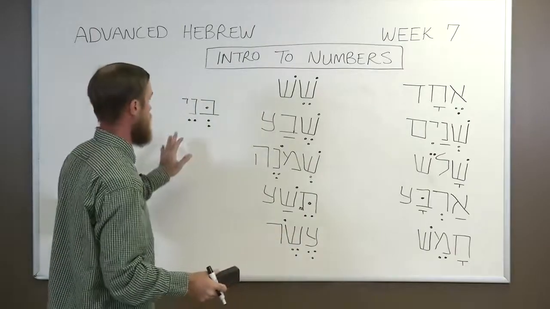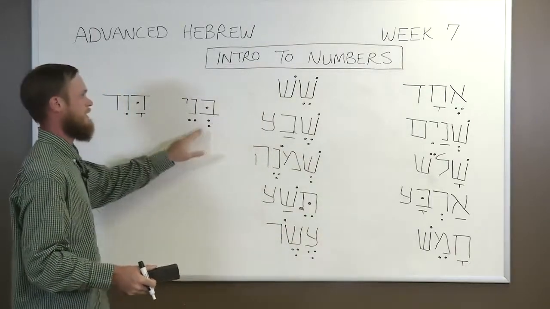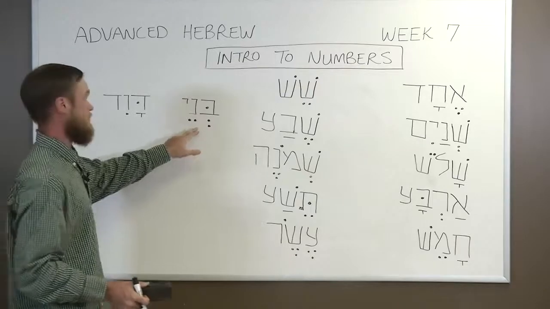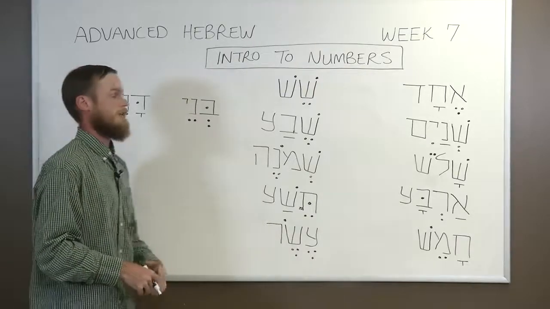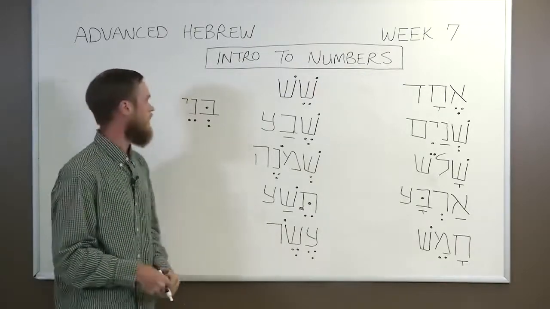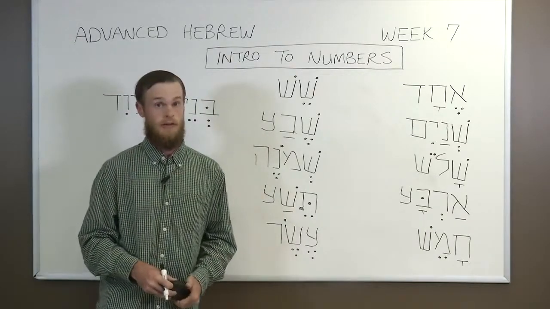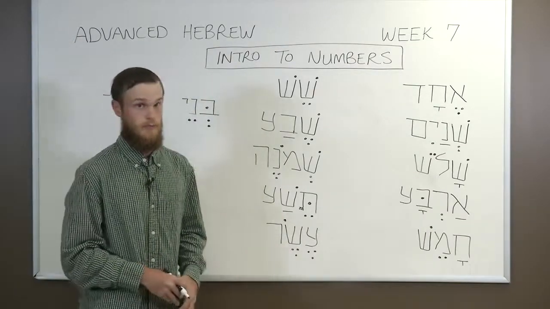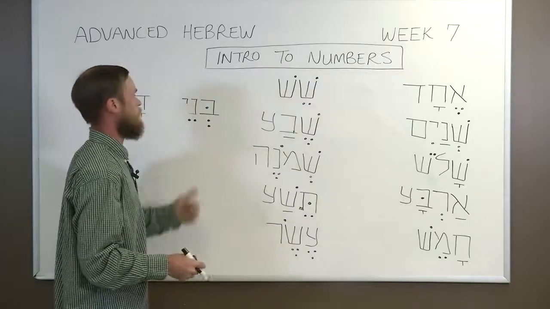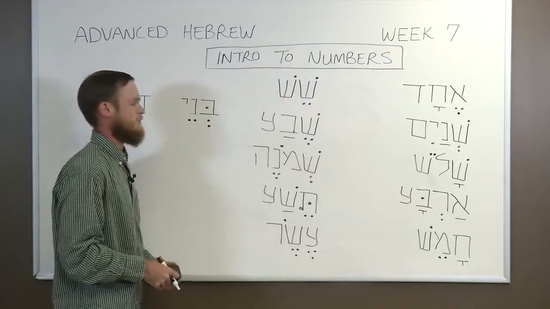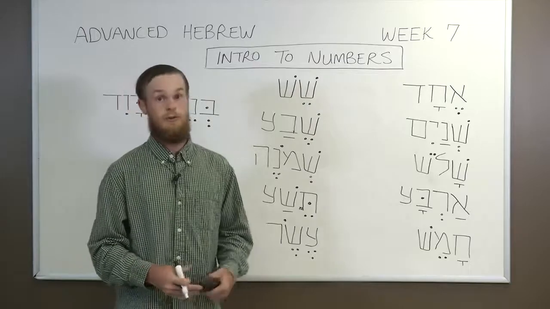Okay, when sons is put in the construct state, it becomes b'nai. So b'nai David would be sons of David. A common phrase in the Torah is b'nai Yisrael, the sons of Israel, or children, because sons, being the masculine, can refer to either gender.